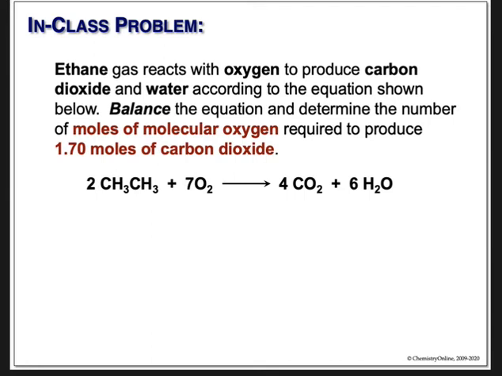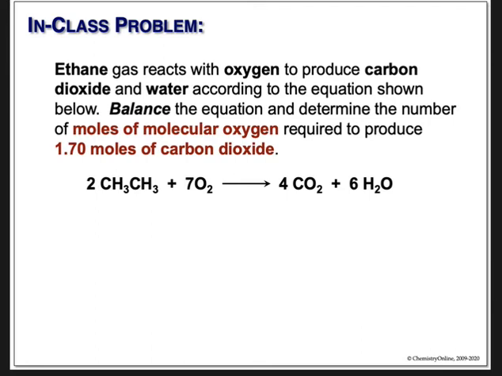All right, now let's look at the problem. Let's see, we're linking molecular oxygen and CO2. So oxygen and CO2. Our given is going to be CO2. So we want that in our denominator.